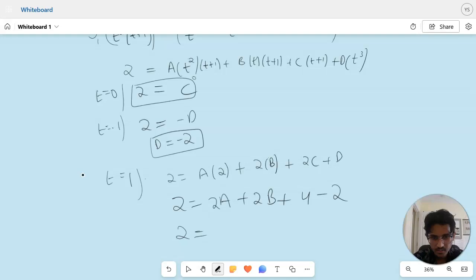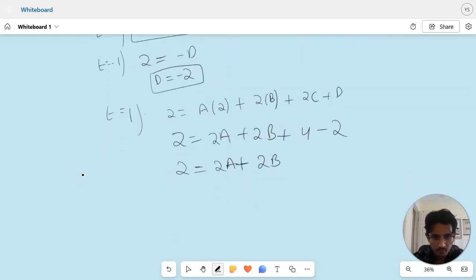Let's just plug in C and D and see 2A plus 2B plus 2. So that's going to make the left hand side 0.